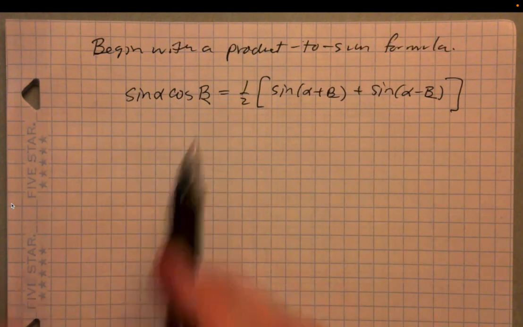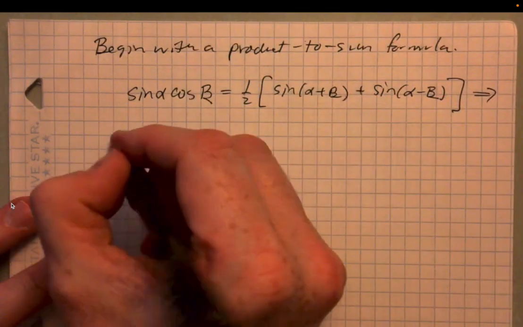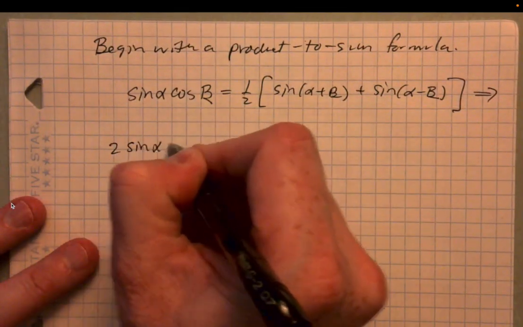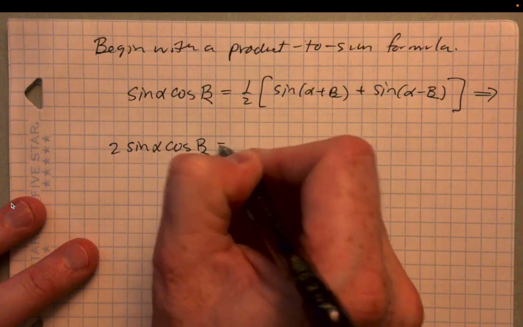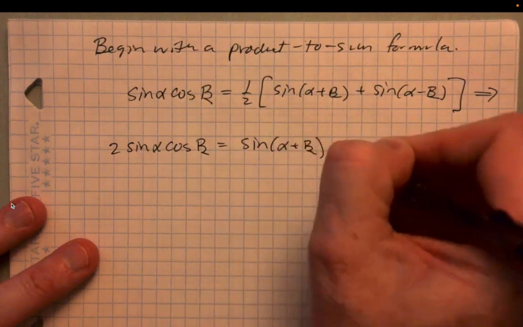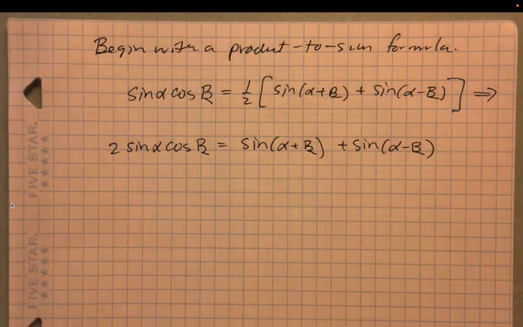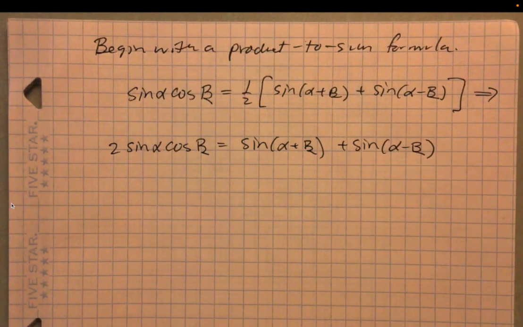And first thing we want to do is get rid of the 1/2, so we'll multiply both sides by 2. And so we get 2 sine of alpha cosine of beta equals sine of alpha plus beta plus sine of alpha minus beta. Okay, now we're going to re-express alpha and beta.